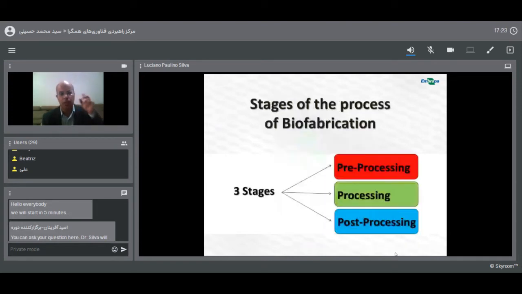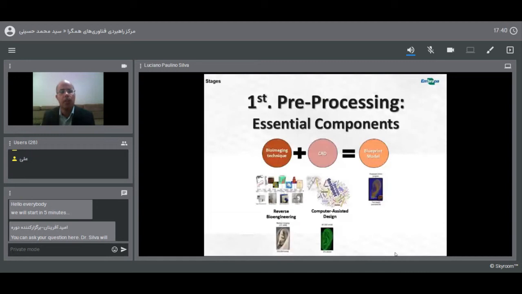There are mainly three stages to develop the process of biofabrication. They are the pre-processing, the processing, and the post-processing approach. The first stage has some essential components that include the use of some bioimaging technique that could allow us to perform the so-called reverse bioengineering.